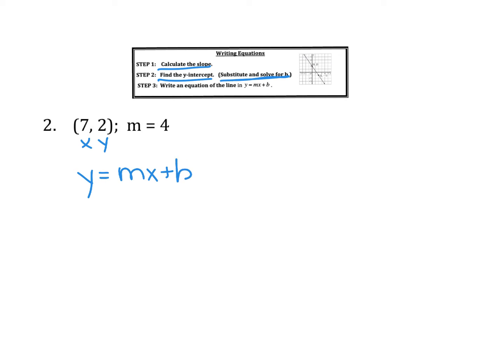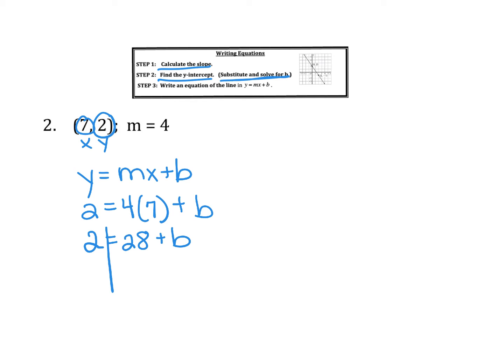It just helps me plug in the right parts. So I'm going to start with my y. I have a 2. I know I have a slope of 4. And I know I have a point x, which is 7. But what I don't have yet is my y-intercept. So I'm just going to simplify here.